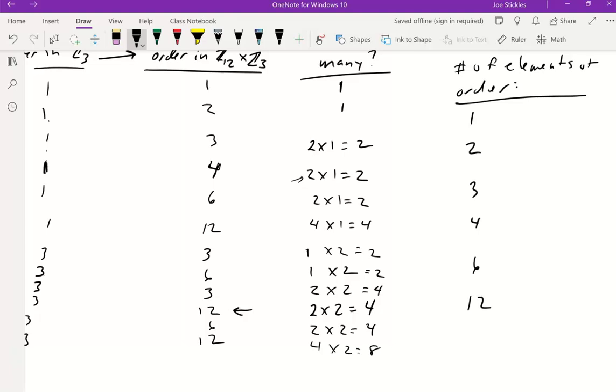So now let's total everything up. How many elements of order 1? 1, good. How many total elements of order 2 are there? 1, good. How about 3? That one actually is going to be different than 1. I see 8. Yeah, good. There's 2 here, 2 here, 4 here. So there's 8 total. Order 4.